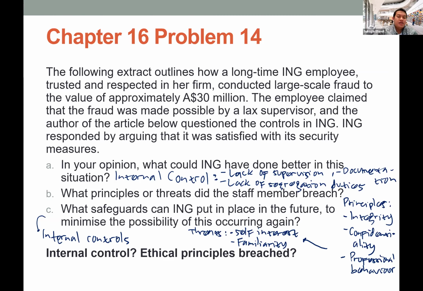They also could use a new system called the whistleblower system. It's basically a system where an employee could report another employee if they found any fraud or misconduct.